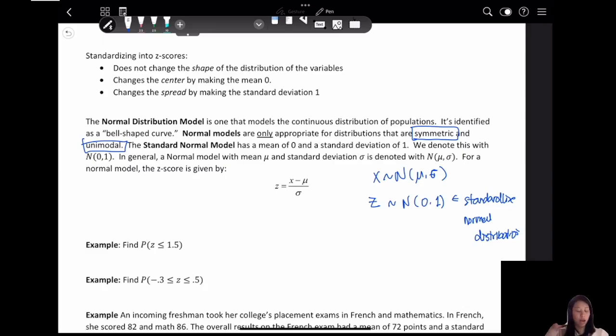Okay, so the z-score is given by (x minus mu) over sigma. For example, how do we find the probability of z less than 1.5? First of all, they tell you this is z, not x, so we know this is a normal distribution with a mean of 0 and sigma equals 1. Now let's use GeoGebra.